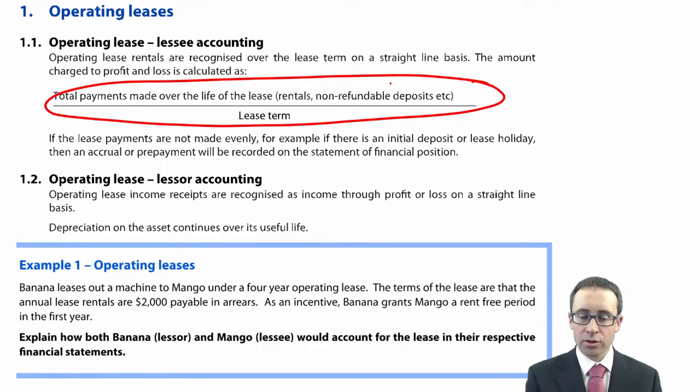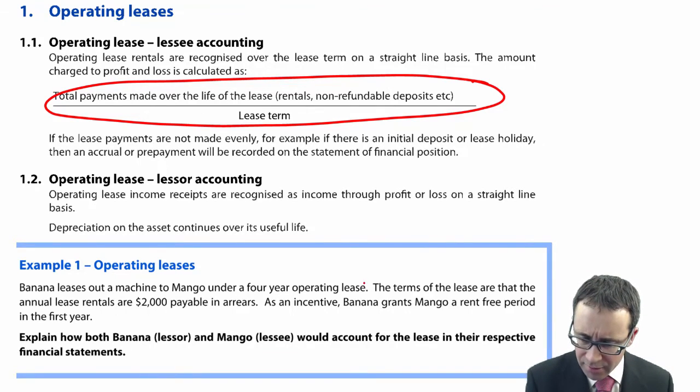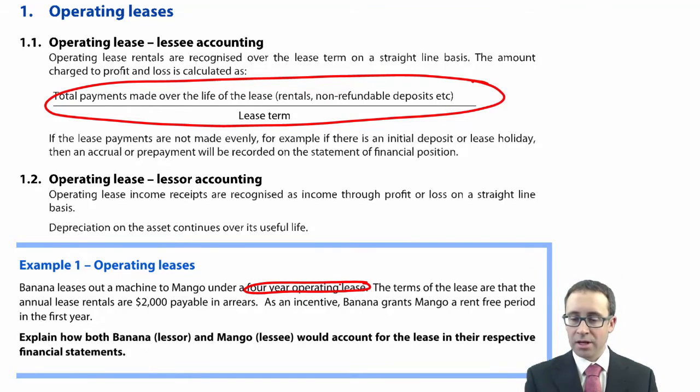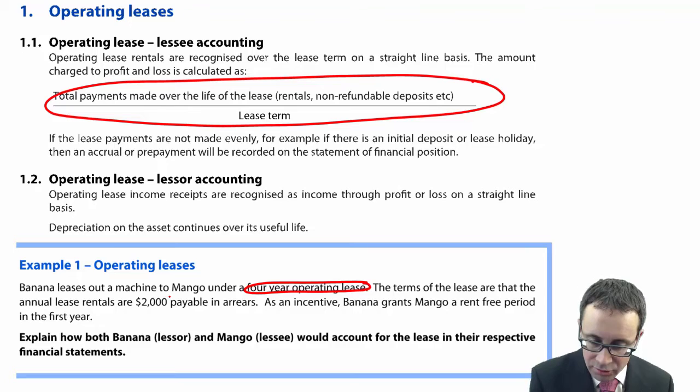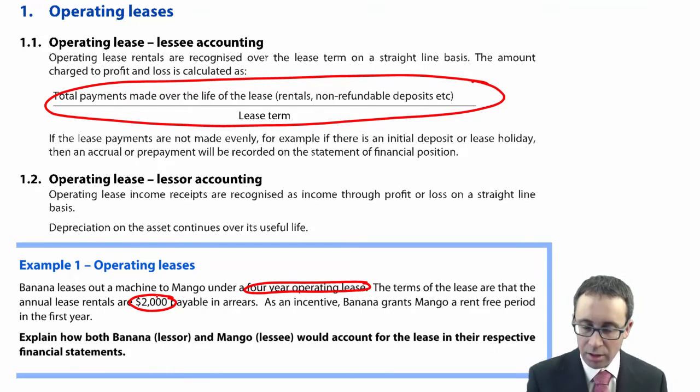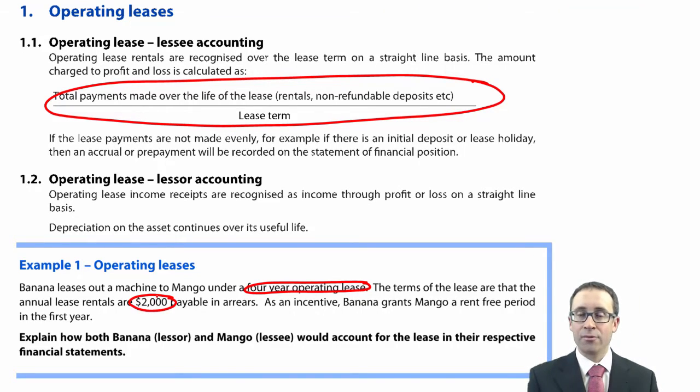So here the question says: explain how both Banana the lessor and Mango the lessee would account for the lease in their respective financial statements. What you've got here is a 4-year operating lease. The terms of the lease are lease rentals of $2,000 per annum in arrears.